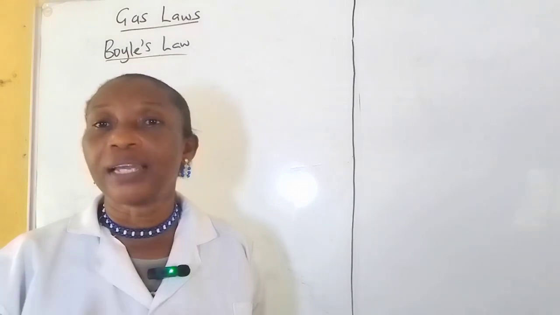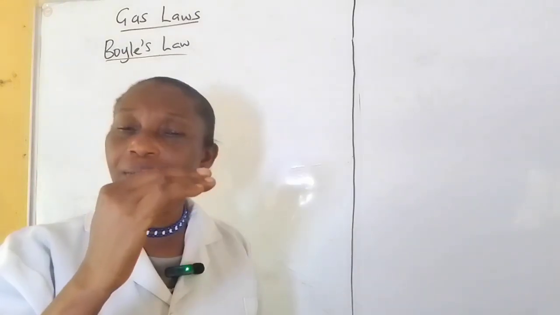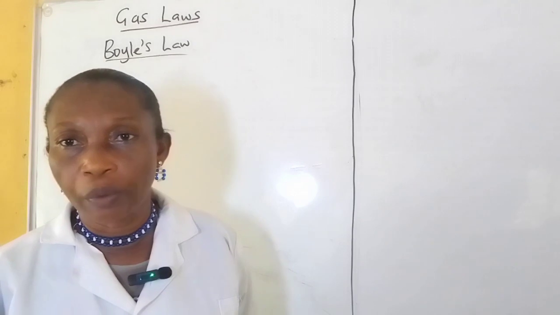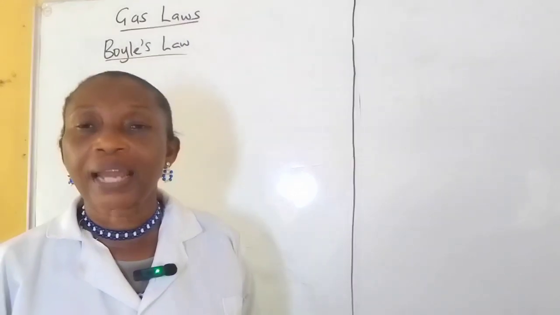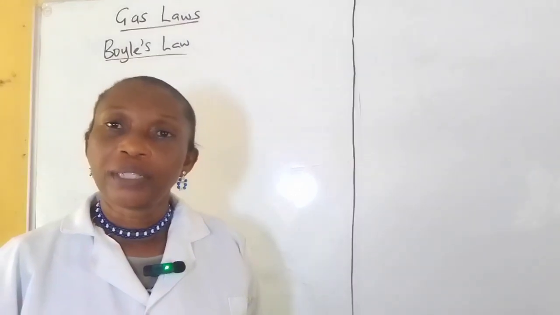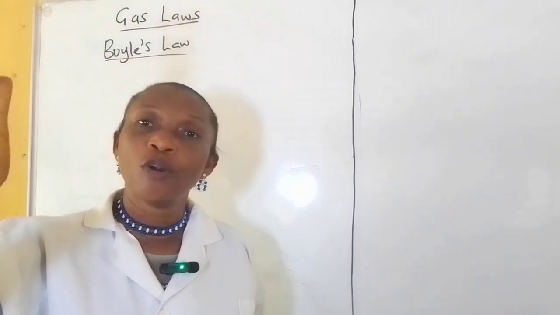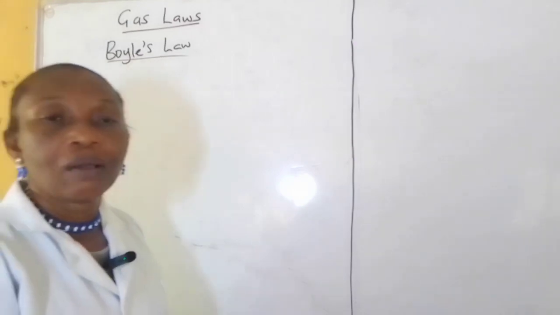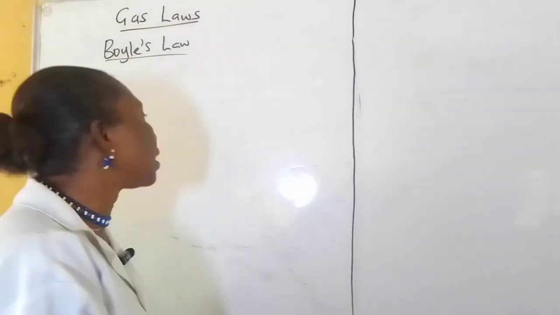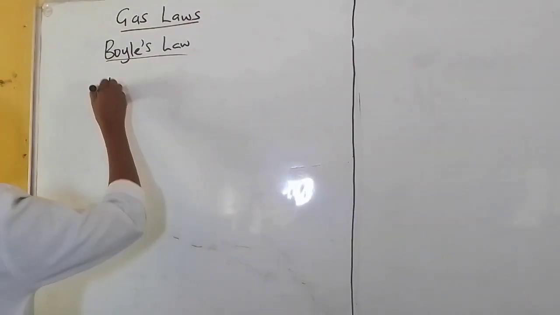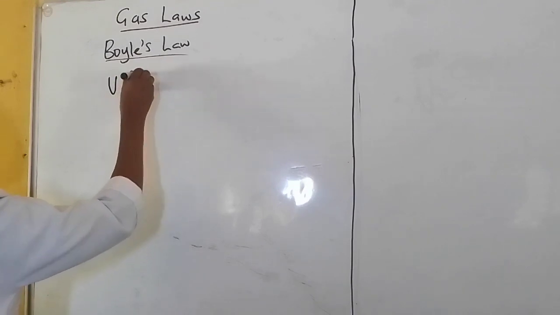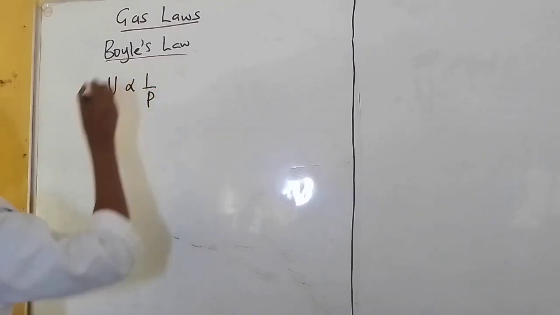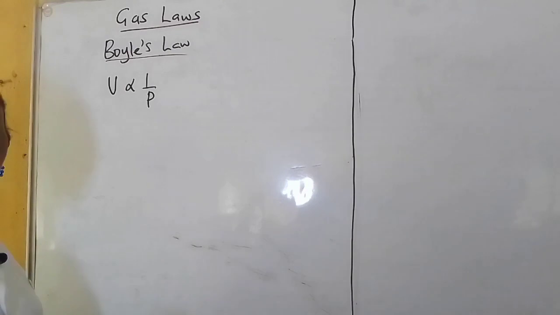And that is to say that as the volume is increasing, the pressure will be decreasing, and as the pressure increases, volume decreases. So mathematically, Boyle's law is represented with this: volume is inversely proportional to pressure at constant temperature.